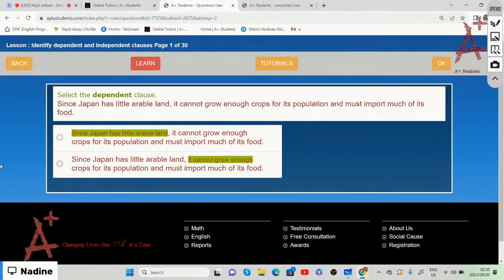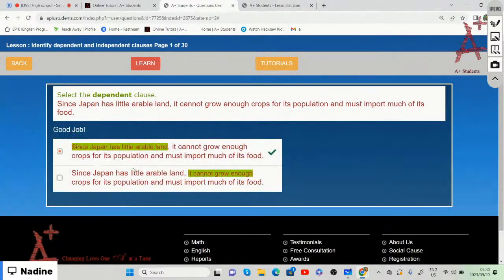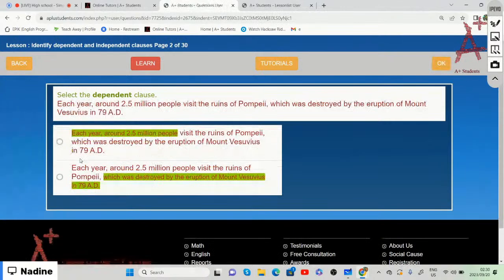So if we look at the dependent clause within that sentence, it's one of these two. Is it since Japan has little arable land or it cannot grow enough? So we're going to select since Japan has little arable land, because that is a dependent clause that cannot stand on its own.